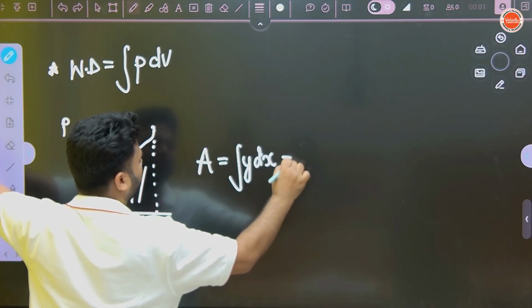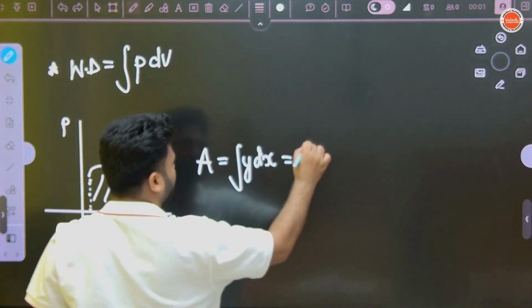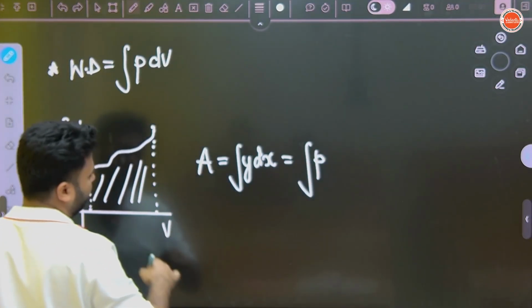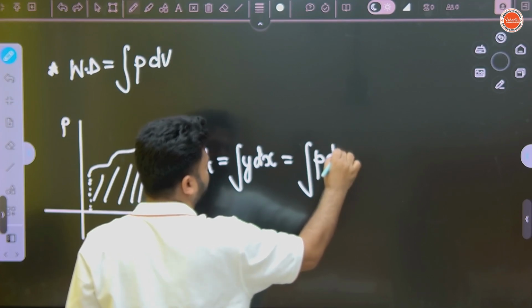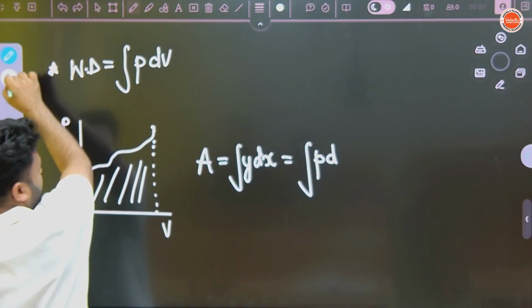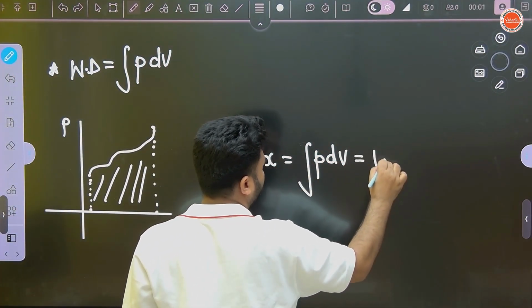This is the general formula, basic mathematics, you see the lecture. So here in place of the y axis we have pressure, in place of the x axis we have volume. So P dV, and integration of P dV is nothing but work done.